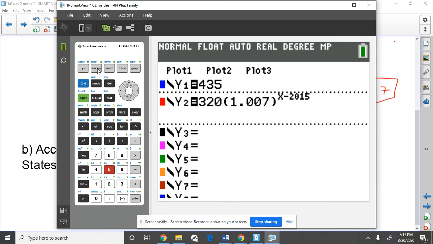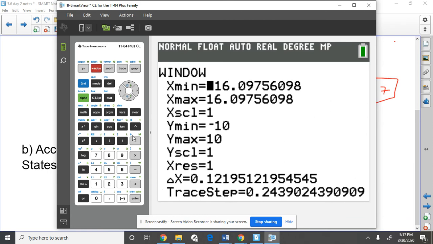So when I set my window, I'm going to set my X-min as 2015 because that was the first year. And let's go out to 2100, maybe.